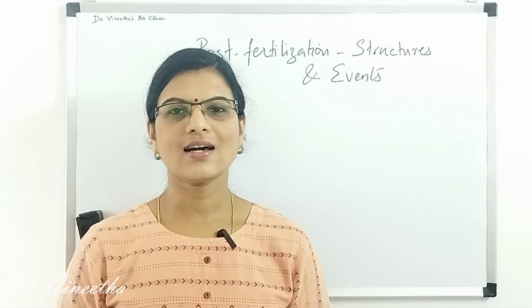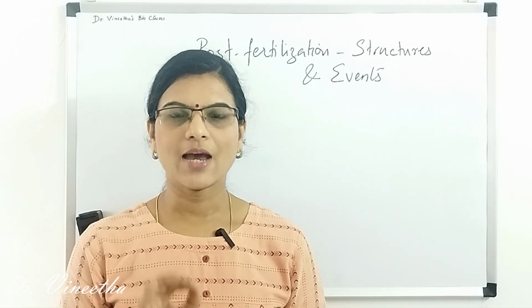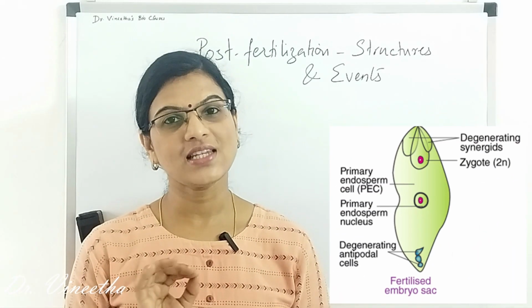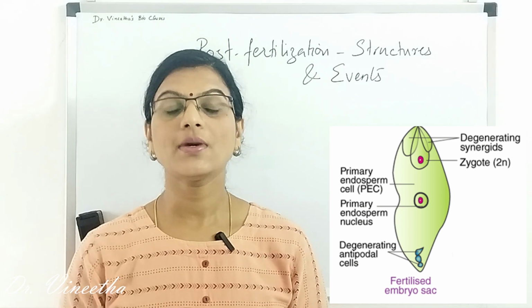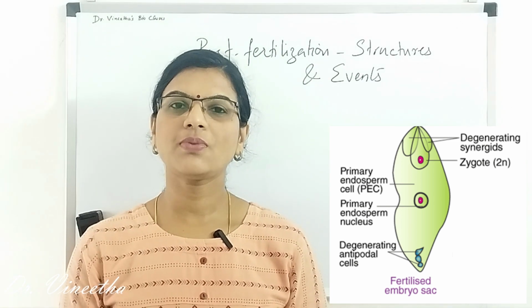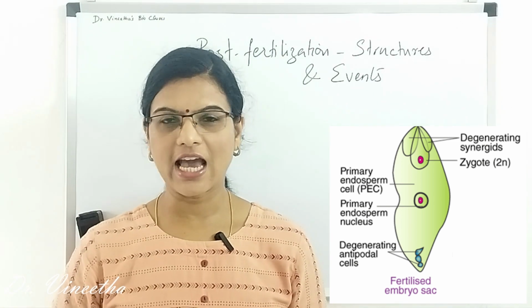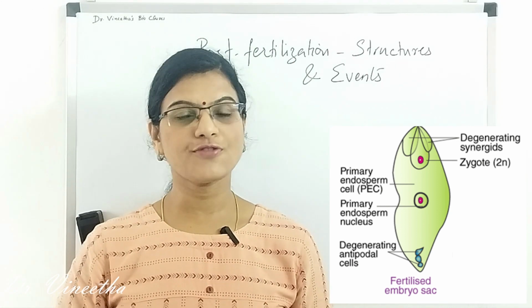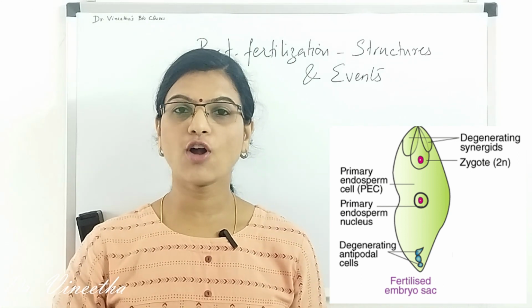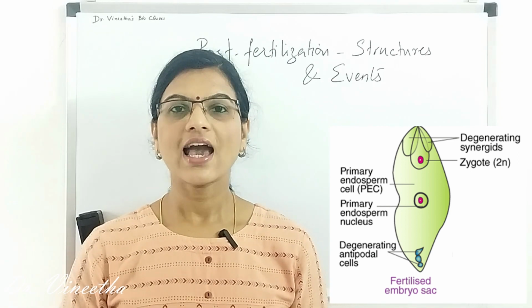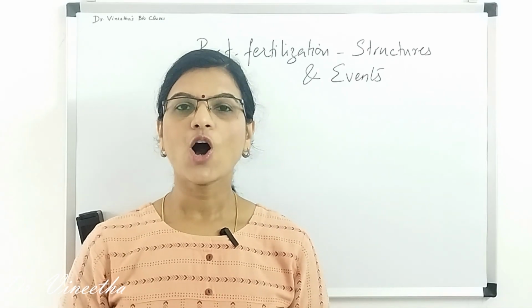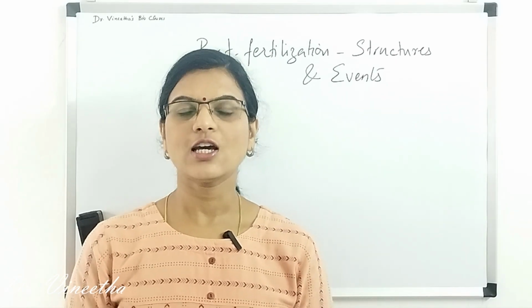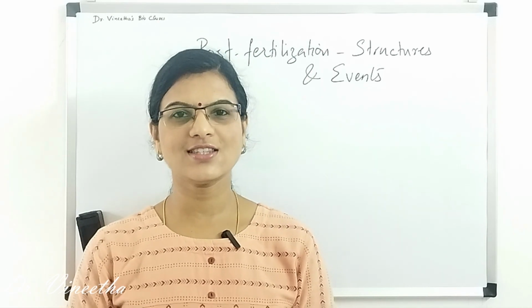In the previous class, we had seen the embryo being formed from the zygote and the endosperm being formed from the triple fusion. The development of the endosperm, the development of the embryo, the maturation of ovules to seeds and ovary into fruit, all these collectively are known as post-fertilization events.